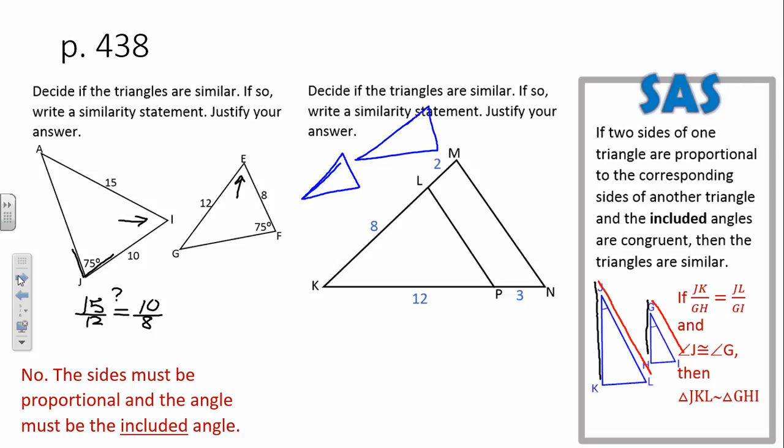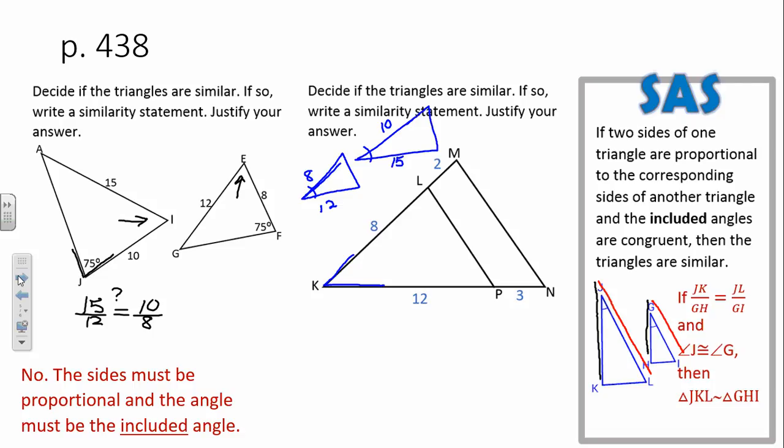That smaller triangle has sides that are 8 and 12. The larger triangle has sides that are 10 if I add my 8 and 2, and 15 if I add my 12 and 3. And notice that angle K is a part of both triangles, and that is the included angle between those two triangles.